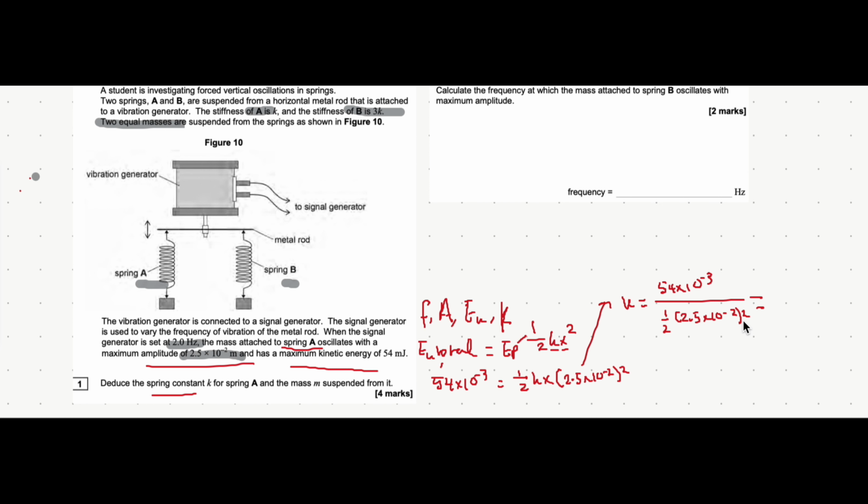Remember to only square the amplitude, by the way, and not the value of a half. Yep, that will get you 173 newtons per meter, sorry.